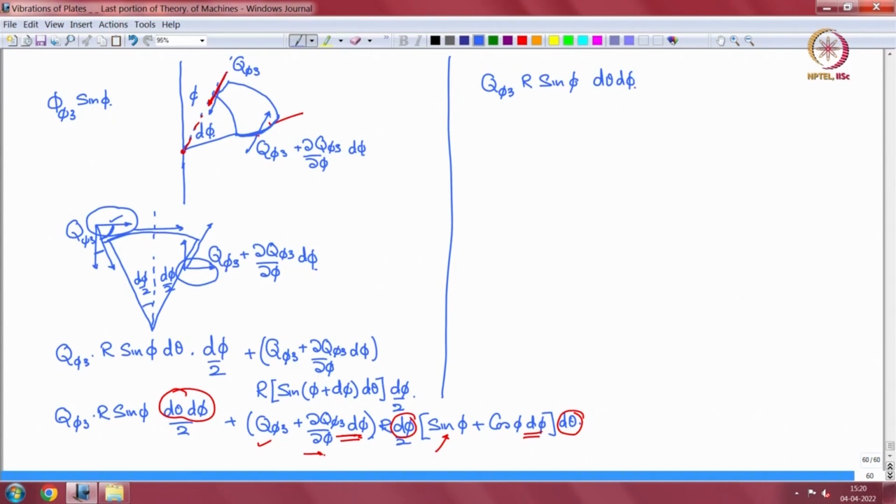Okay. So which is what we have. I put an r d phi d theta here at the same. Okay. So that more or less completes the forces in the alpha 1 direction or phi direction. The remaining is the inertia term and the external force.